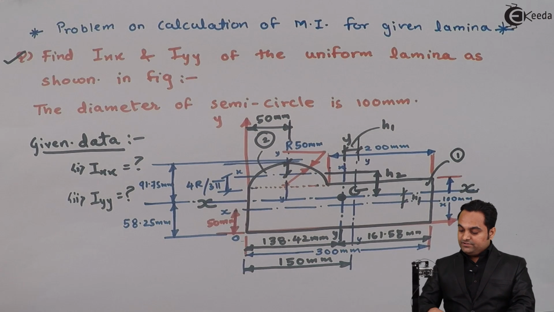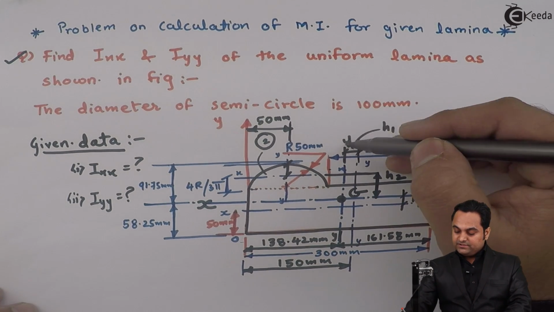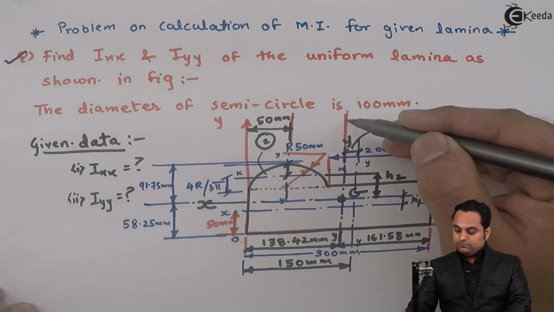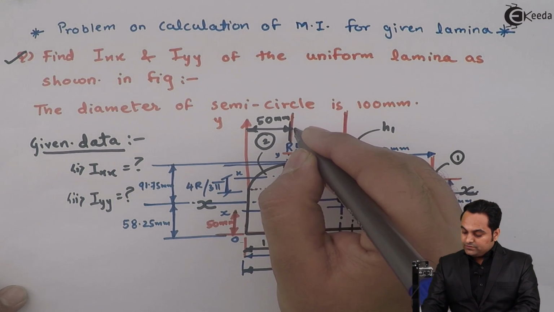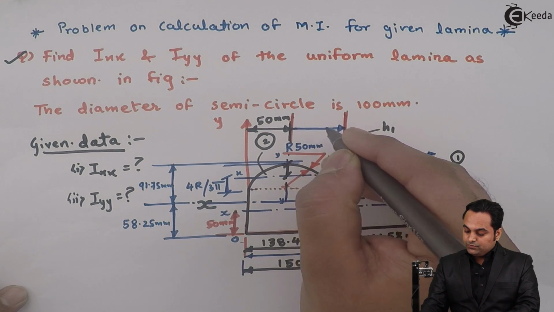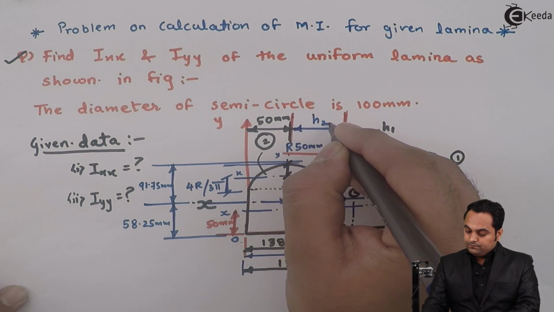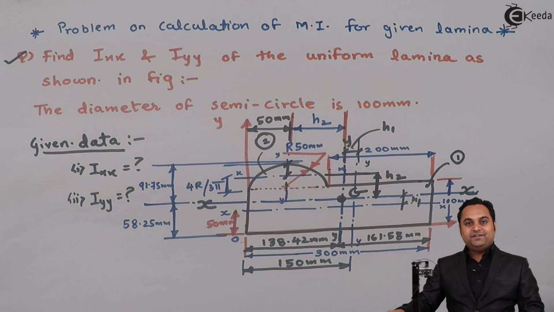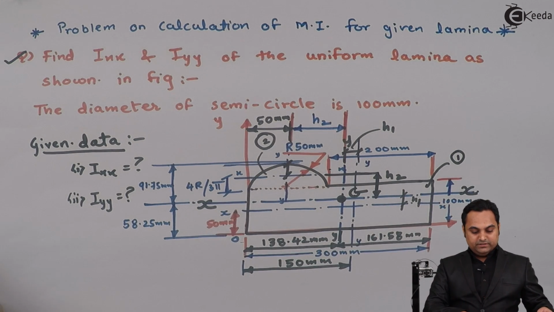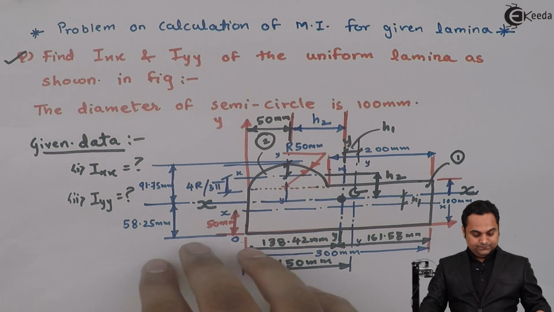It means there is difference between the two y-axes, and that difference is called h2. So h2 will be 138.42 minus 50.